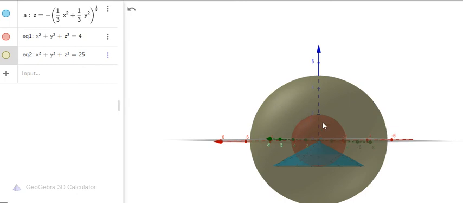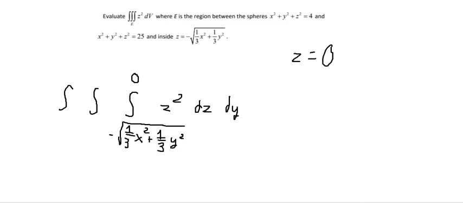The small sphere goes inside the big sphere. So we have x squared plus y squared equal to 4, and x squared plus y squared equal to 25. They are between the spheres in here, and the small one should go in here.